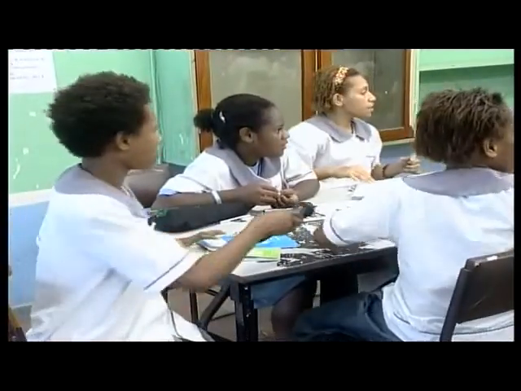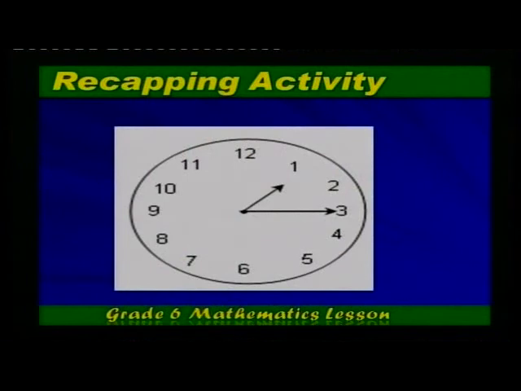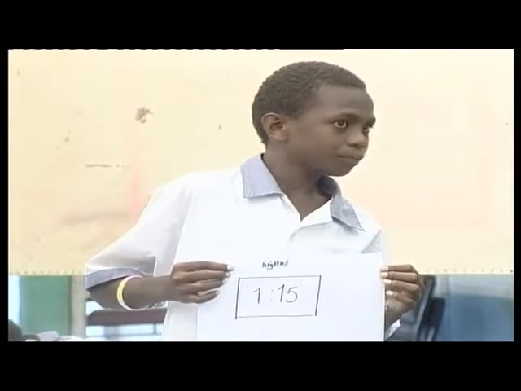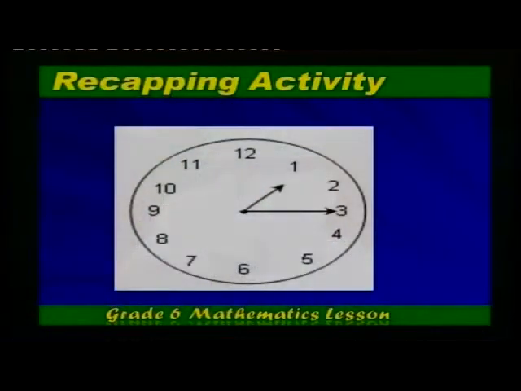You others, what did you write? Can you show? Okay, let's have Emmanuel's group. Show what you wrote. All right, thank you, Emmanuel's group. Okay, Emmanuel's group has also written the same as Melika's group, 1:15.